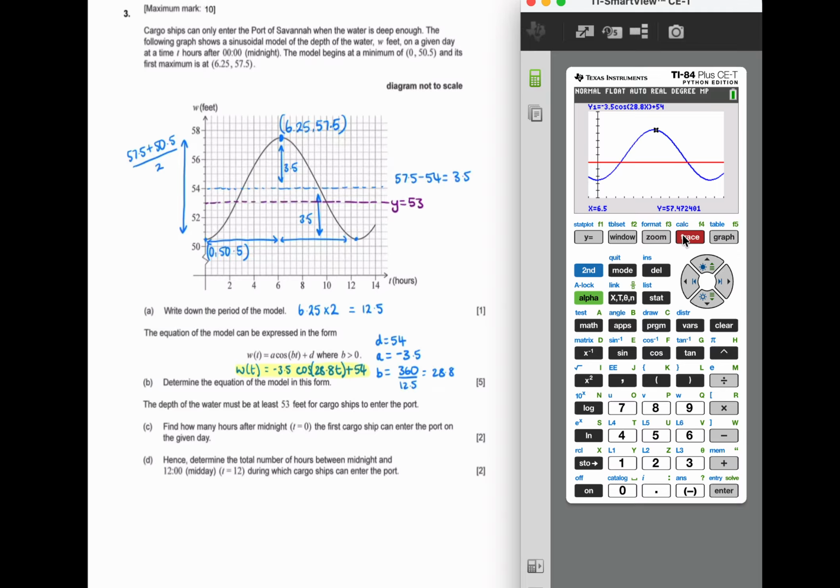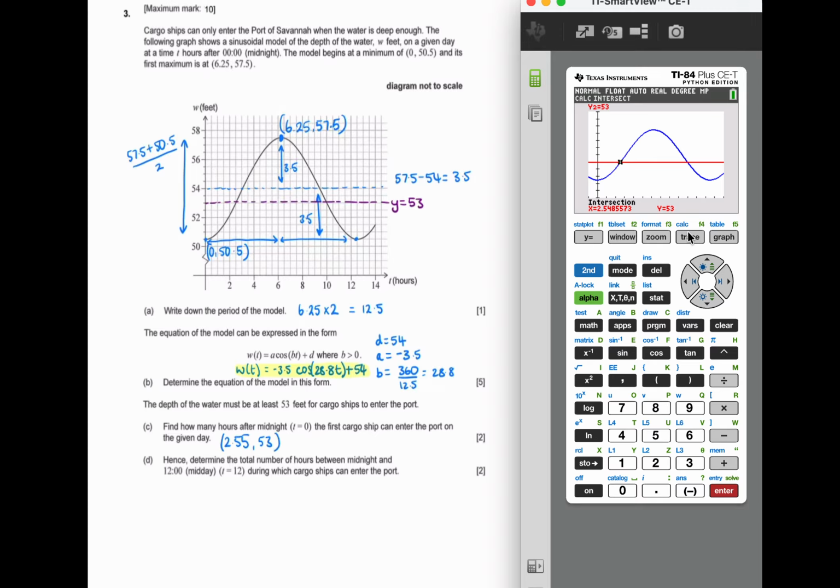So we're now going to need to find what those intersections are. So we're going to look for the intersect. And let's find the one over on this side first. So we can see there that the intersect is 2.55. And that's at the value of 53.